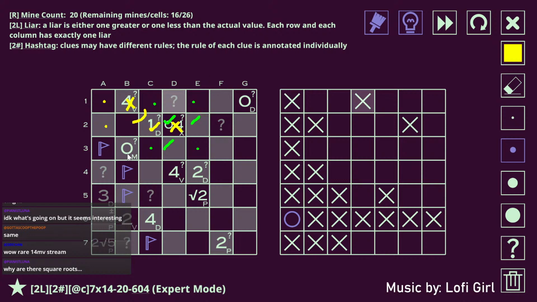We know that this must be telling the truth, which means it must see either 6 or 3 mines. But I don't think we know either. Yeah, I don't think we know either.